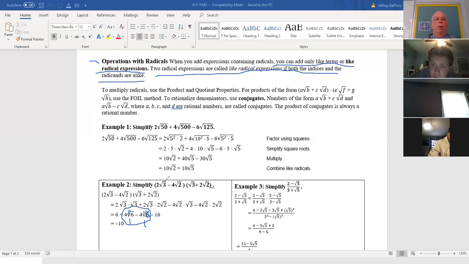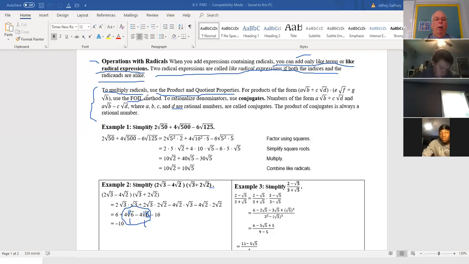All right, so this is where the water starts getting a little muddy. Now to multiply radicals. This was talking about adding and subtracting. Here we're multiplying. Use the product and quotient property for products of the form A radical B plus C radical D times E radical F plus G radical H, and we're going to FOIL.